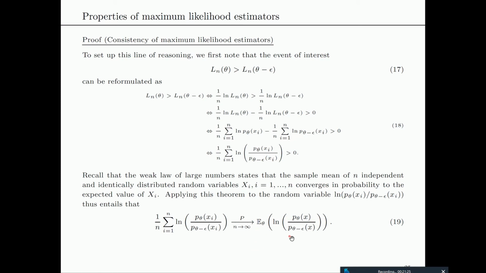After reformulating this event like this, this is the average of the log of these values, and by the weak law of large numbers, it converges in probability to the expected value of this. That's why this reformulation is there.